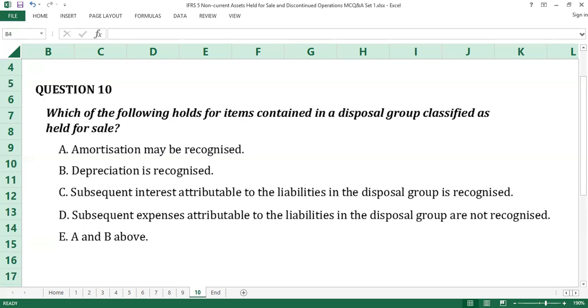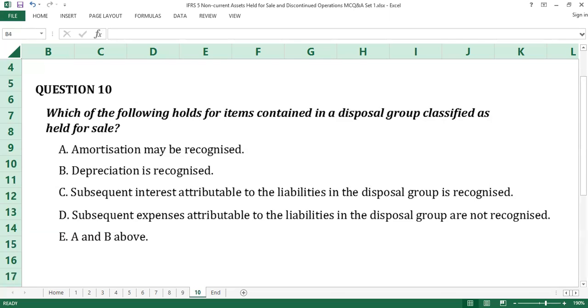Question number 10. Which of the following holds for items contained in a disposal group classified as held for sale? A. Amortization may be recognized. B. Depreciation is recognized. C. Subsequent interest attributable to liabilities in the disposal group is recognized. D. Subsequent expenses attributable to the liabilities in the disposal group are not recognized.